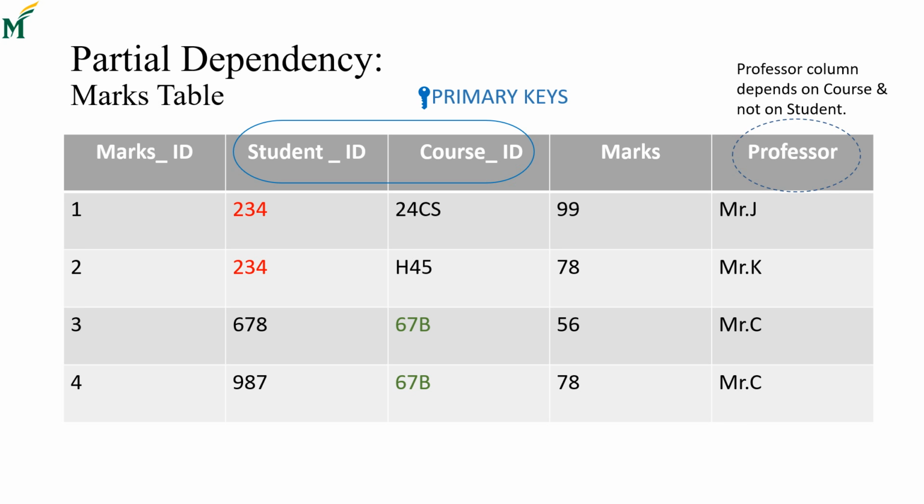If given course ID 67B, we cannot draw information regarding the student as we don't know which student we are looking for. So, student ID and course ID uniquely identify any row in the data as we have a many-to-many relationship.